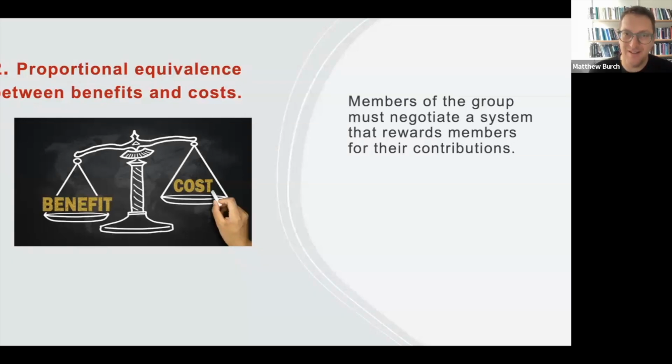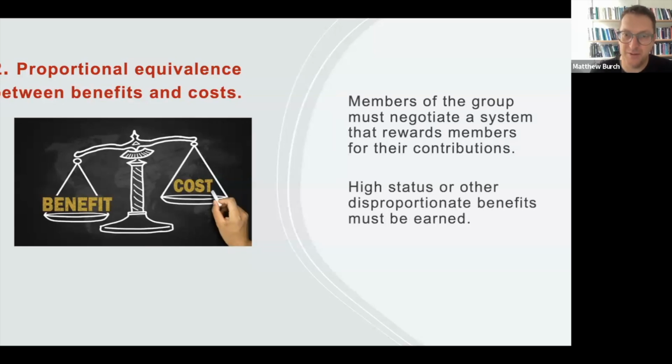In other words, the amount of reward that you get out of using the common pool resource should be proportional to the amount of value that you put into that system. So in other words, if you're going to be a high status member in this system, you need to earn that. If you're someone who benefits a lot from the common pool resource, that needs to be because you put a lot of value into that common pool resource.